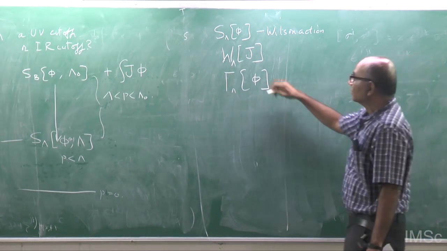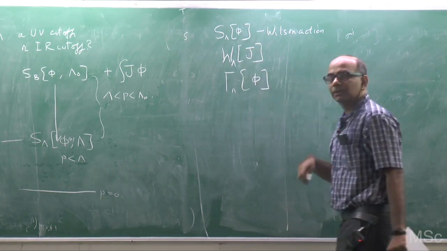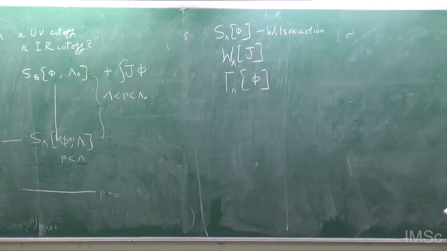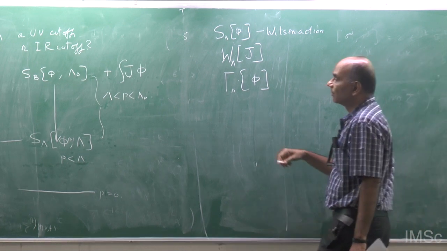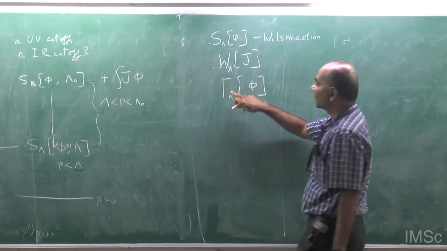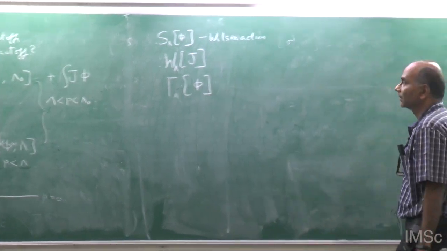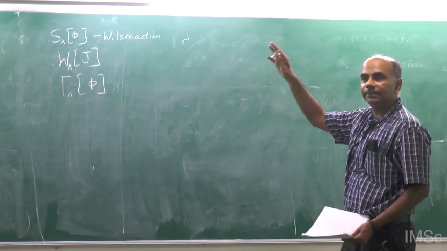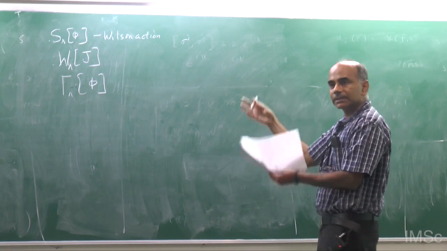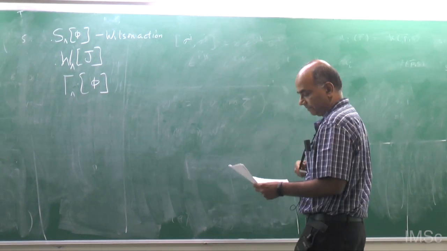These are typically three things that people work with, and it's a matter of convenience which one you use. Most of the time I'll be talking about these two, but if I get time I'll mention a little bit about this also. They all contain the same information; for different purposes, different things are useful.